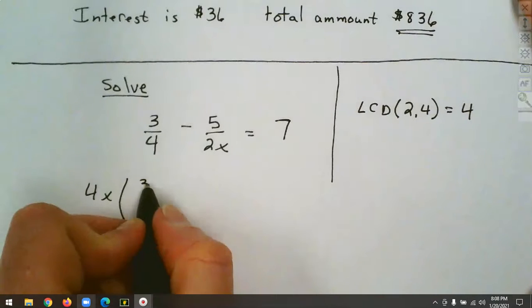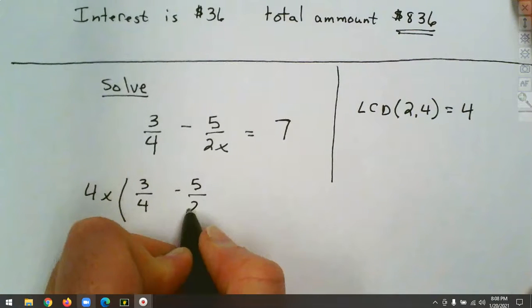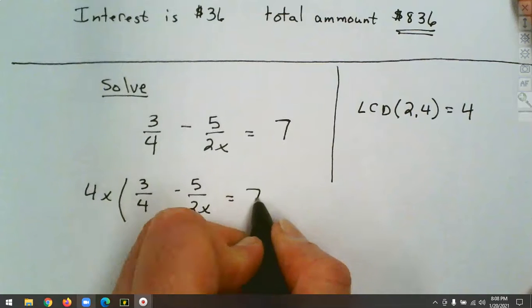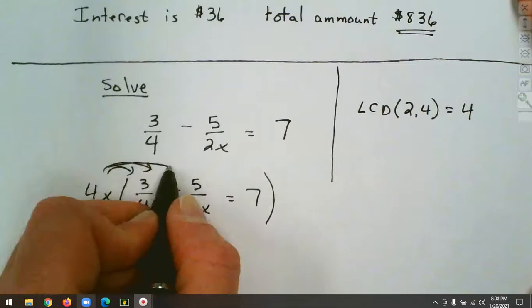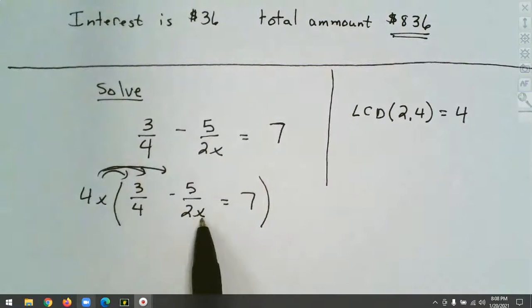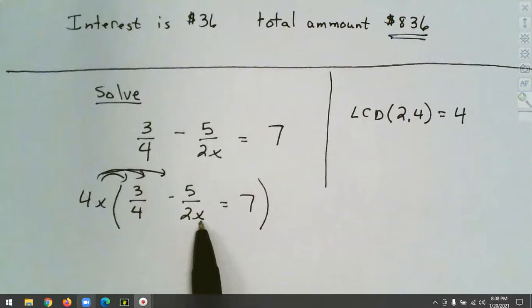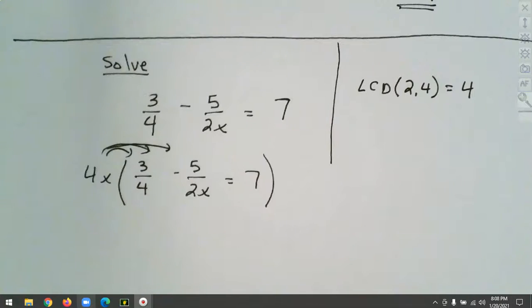That way, we get rid of that x down below. So we're going to go ahead and distribute that 4x through. Again, we're using a 4x because there's an x down below. That's going to clear out all the fractions and leave us with something that we can easily solve.